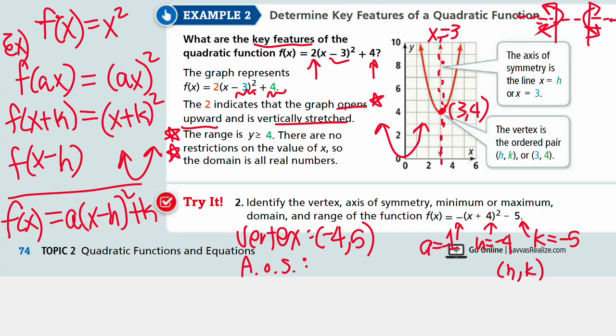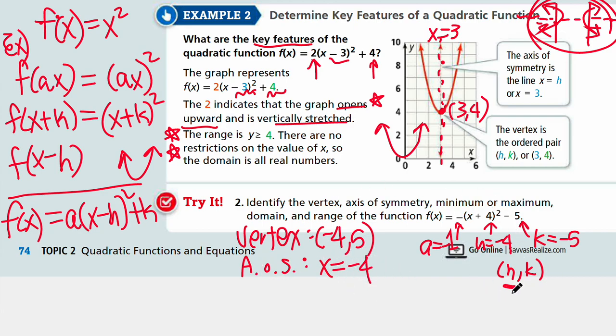For quadratic functions, you'll see that your axis of symmetry is x equals h, because your vertex is always on your axis of symmetry. So the x value of your vertex is h. So the axis of symmetry for try number 2 is x equals -4. You have to write the whole equation, x equals -4.